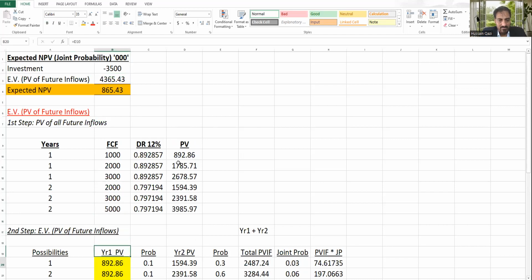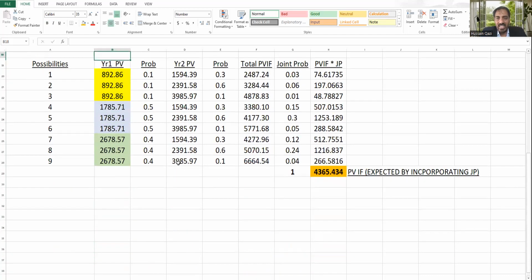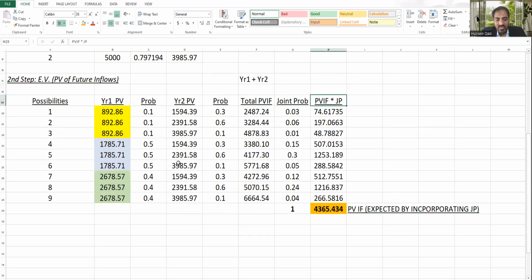First of all, do you agree that this is present value of inflow with joint NPV, one by one? So this 4365 is actually about the expected inflows by incorporating all joint probabilities. But each individual value is actually present value inflows.